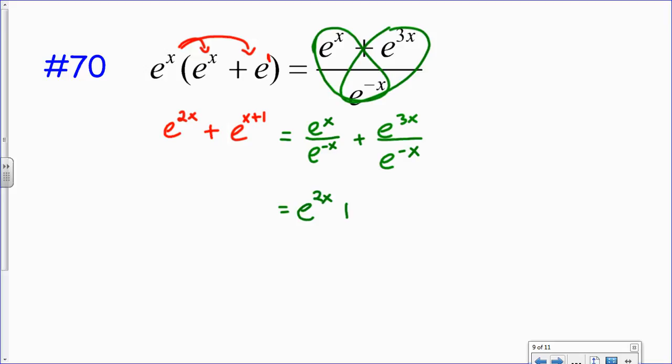Okay? So I'm going to make a note. Okay? And then 3x minus negative x, 4x.